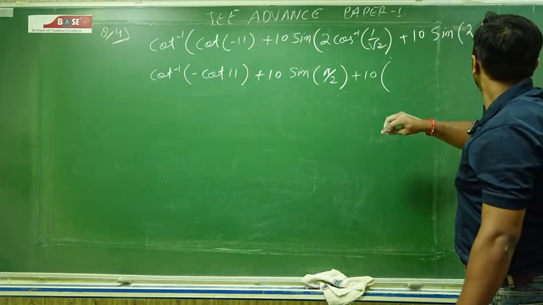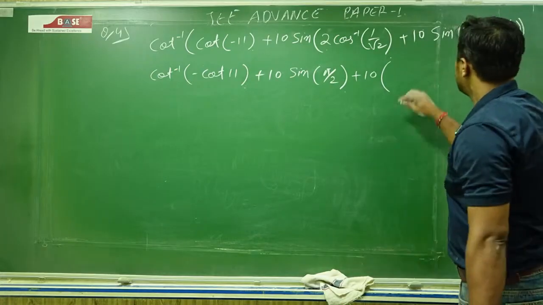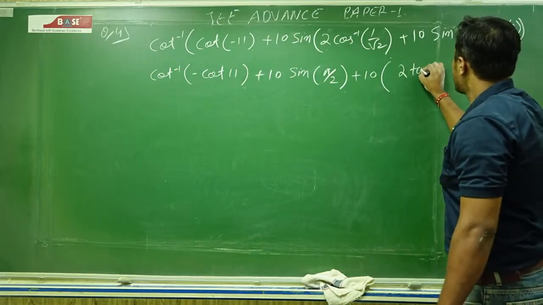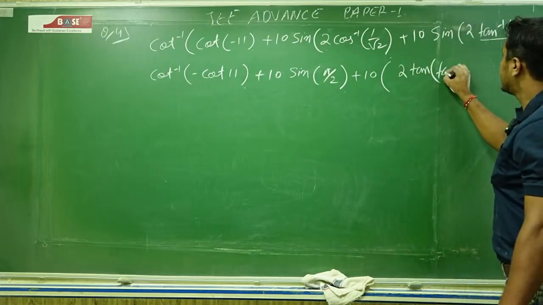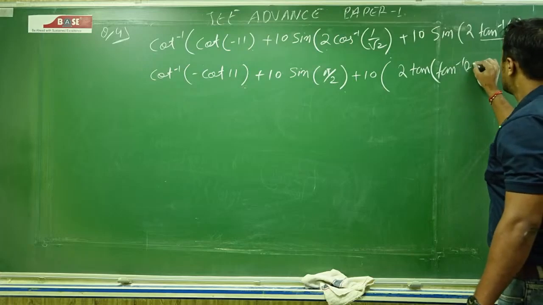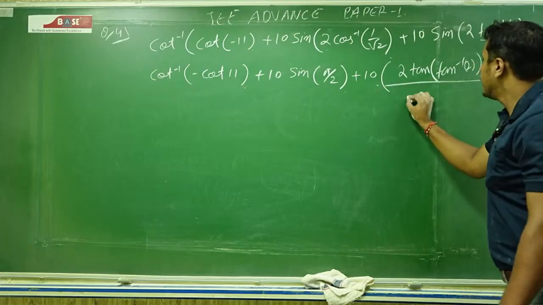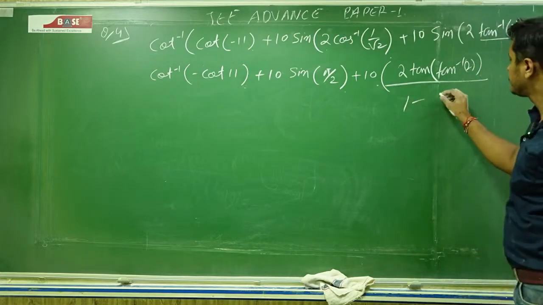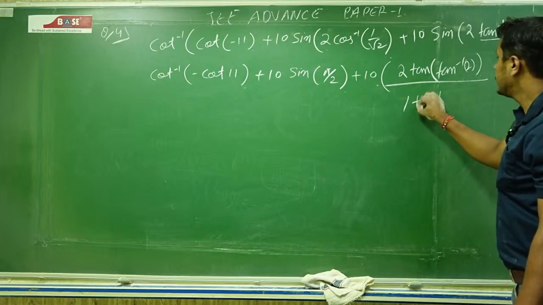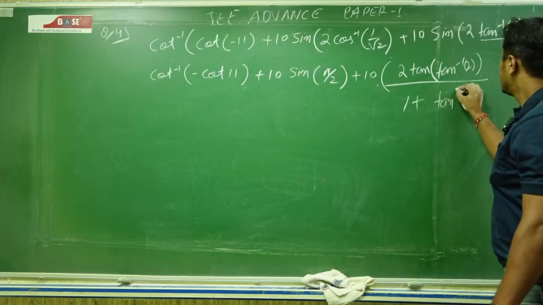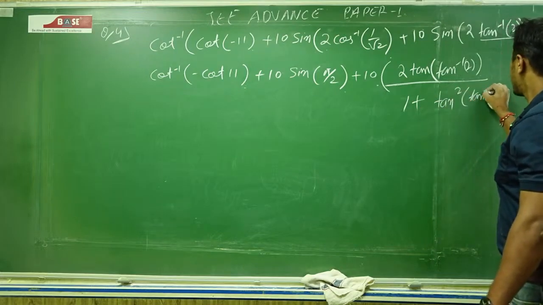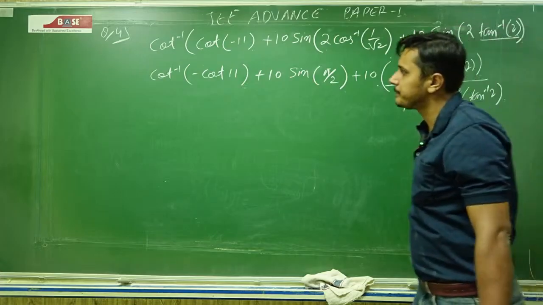So that is 2 tan theta divided by 1 plus tan square theta, where theta is tan inverse 2.